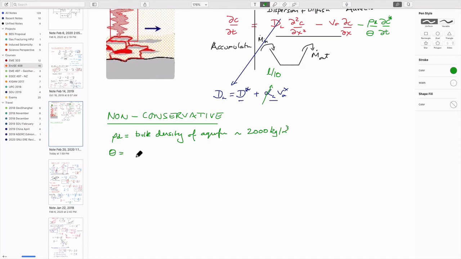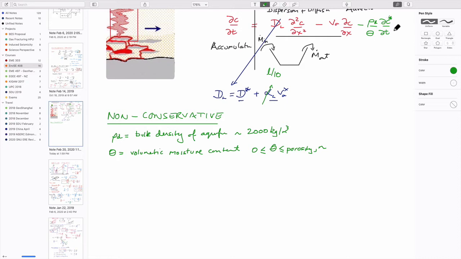Theta is equal to the volumetric moisture content, when we talked about unsaturated flows. And operationally, it's greater than or equal to 0, and less than or equal to porosity, which we've called N. So this is just the maximum value, if it's fully saturated, is going to be equal to the porosity.